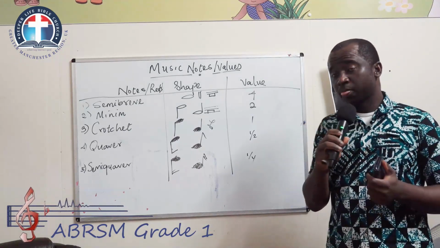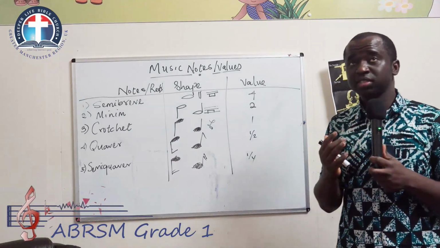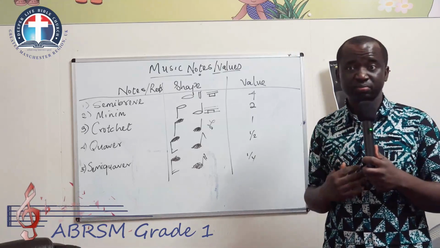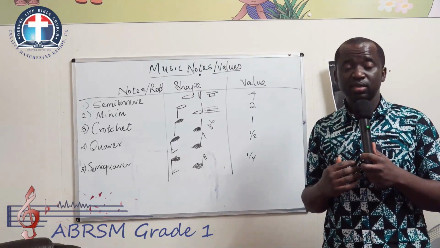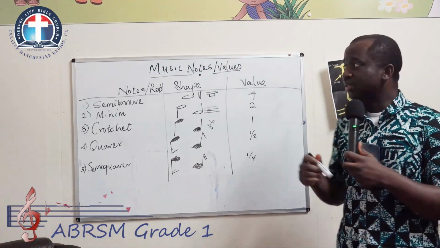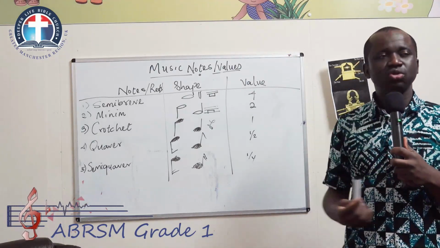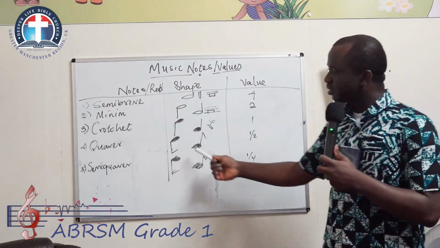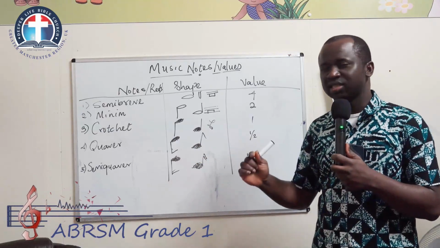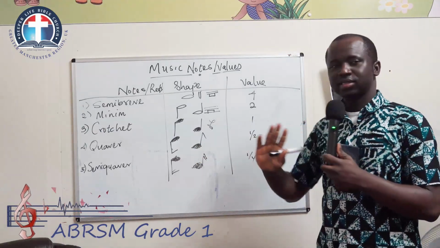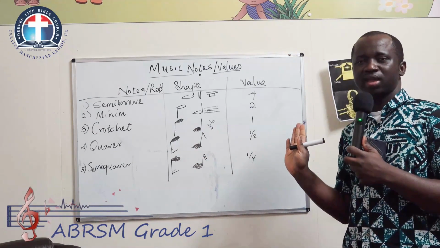Now the quaver rest can also be anywhere. The only thing is that the quaver rest is simple to identify because it's similar to the quaver note. The only thing is that the head is now turning the other way and it's a square head, not a round head.